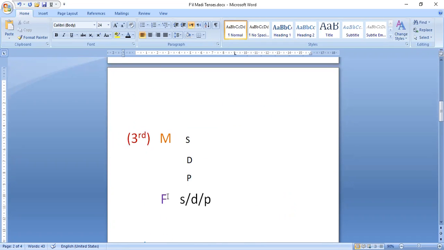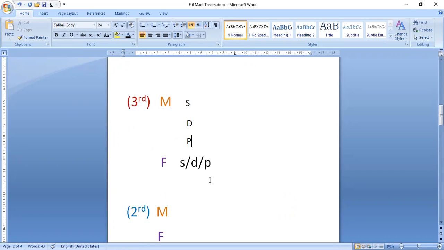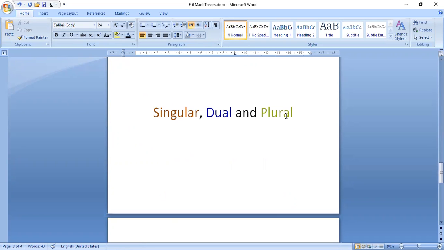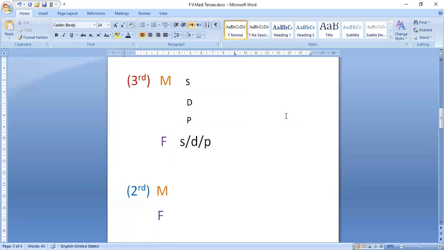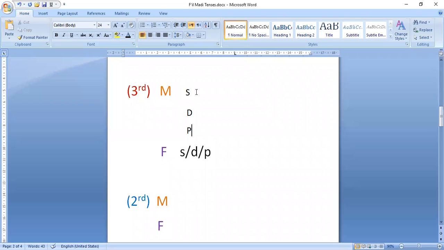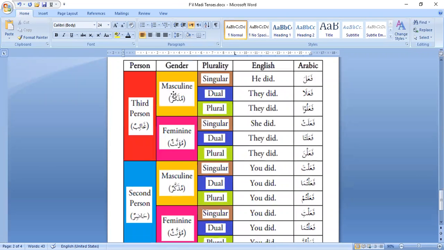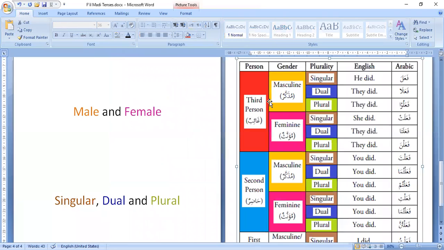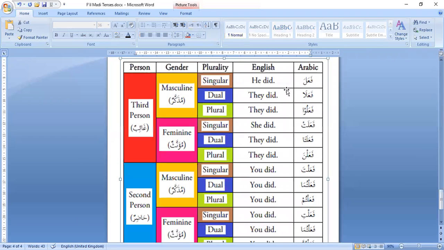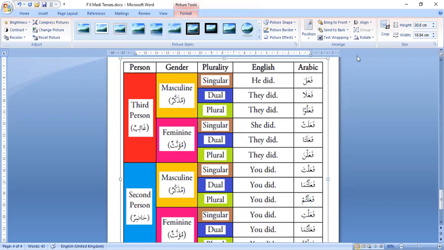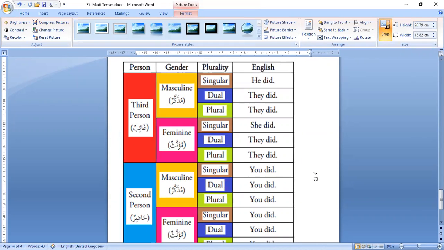Then we added the M and the F. Then we are looking at numbers. So then we added the singular, dual, plural numbers here. So if I was to make the actual scales, it would be like this. One second. Okay, so this is the actual scales, like this, in English.